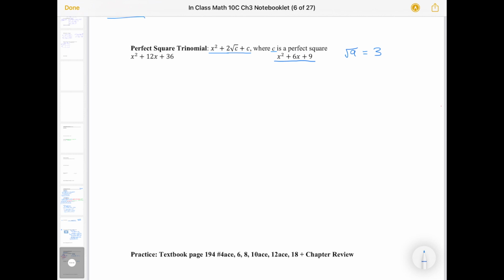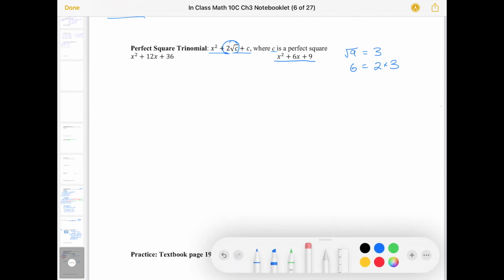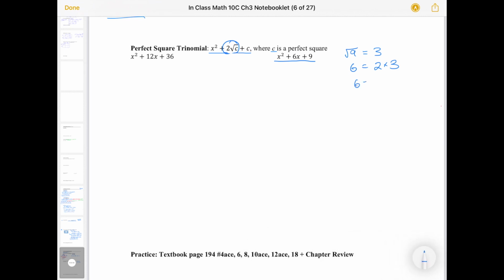All right, and notice that 6 is 2 times 3. If I'm building that, 6 is 2 times the square root of 9, and the square root of 9 is 3. I'm not going to tell you what I'm going to end up getting here yet.